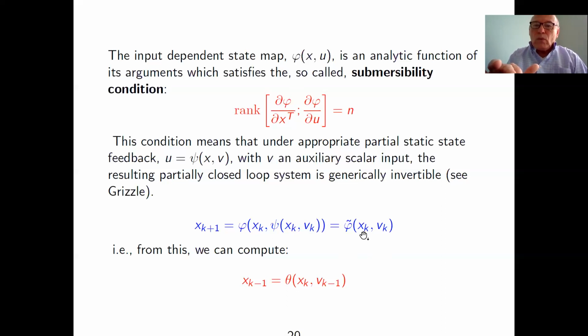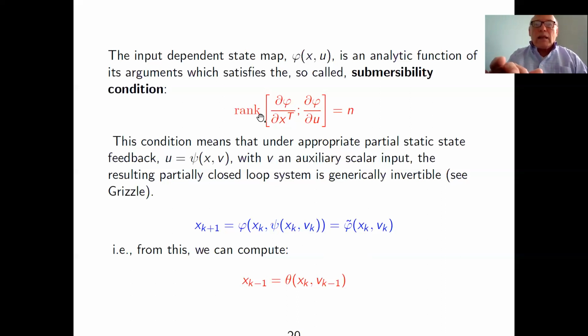x. So when you map this to a relation between x_k and x_{k-1}, v_{k-1}, there will exist some function that allows you to compute the previous state as a function of the actual state and the previously applied input. That's a very important property, because you cannot always do that in nonlinear maps in general.